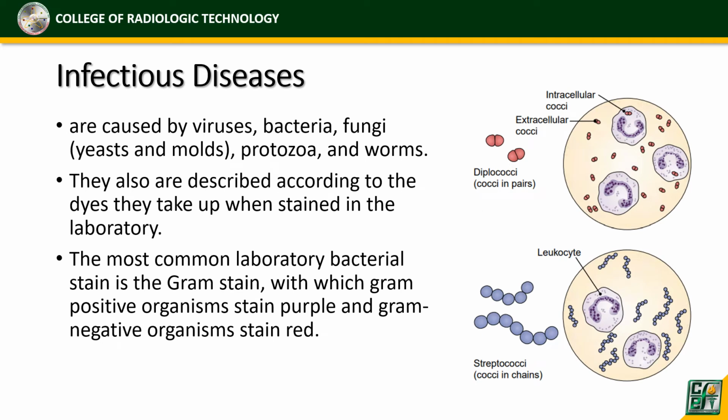As we said earlier, infectious diseases are caused by microorganisms. And these microorganisms are viruses, bacteria, fungi, protozoa, and helminths or worms. They can also be described according to the dyes or the color they take up when they are stained in the laboratory. We call that gram staining.